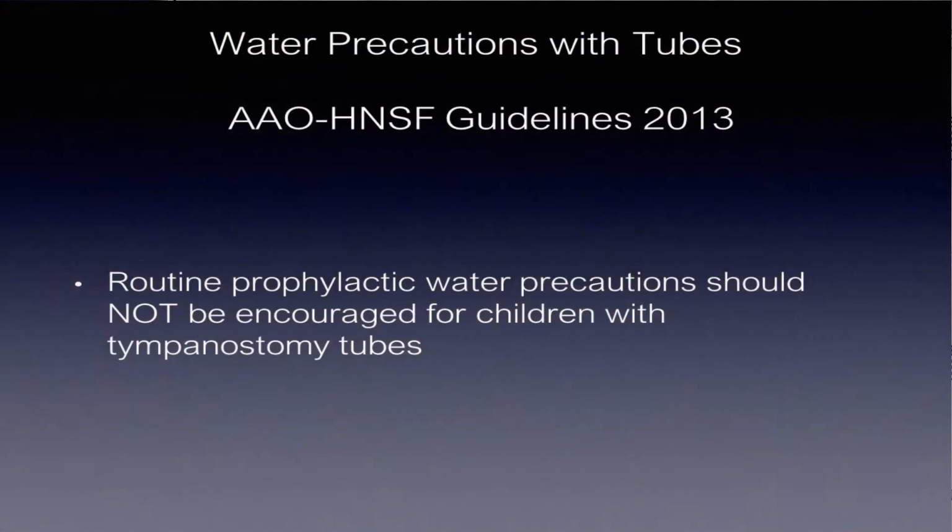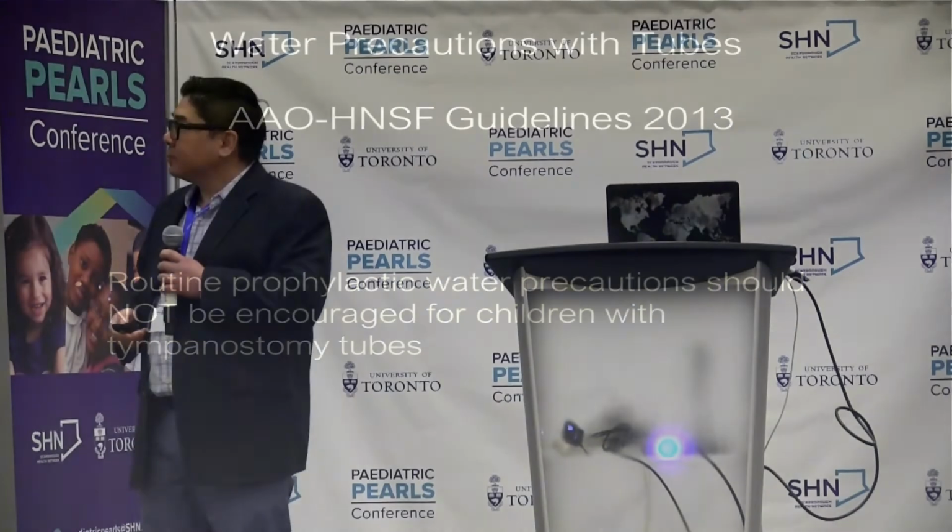So one of the first things that parents ask me if we get into the discussion of putting tubes in is, does my kid need to wear earplugs when they go swimming? Well, according to the guidelines in 2013, routine prophylactic water precautions should not be encouraged when children have tympanostomy tubes, i.e., they do not need to wear earplugs when they swim.